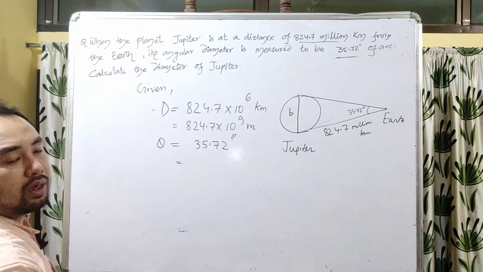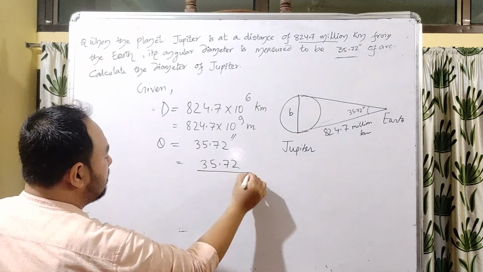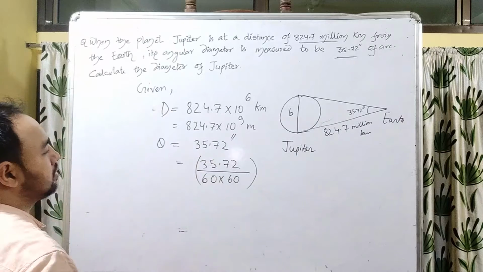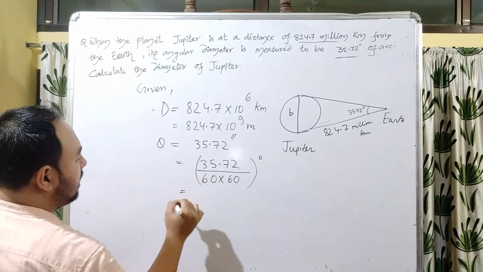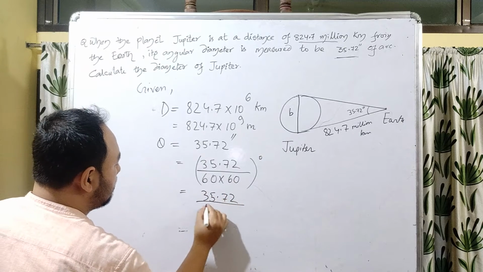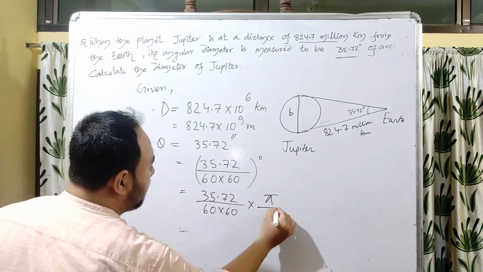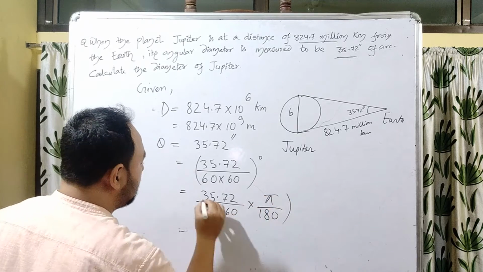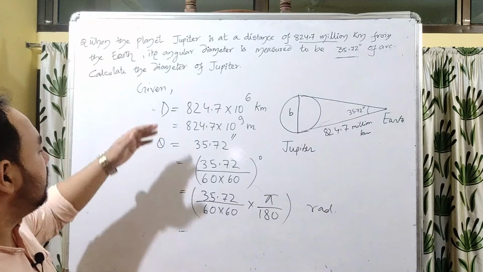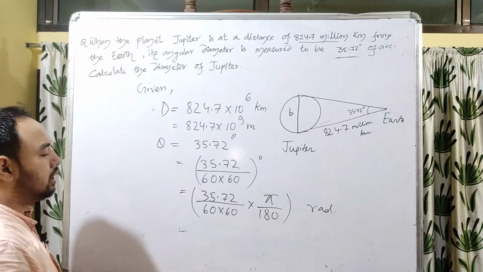So first we will convert this into degree, dividing it by 60 twice. Then this number if we multiply by pi by 180, then this will give the radian. Okay, so now the distance and the theta is converted into SI units.